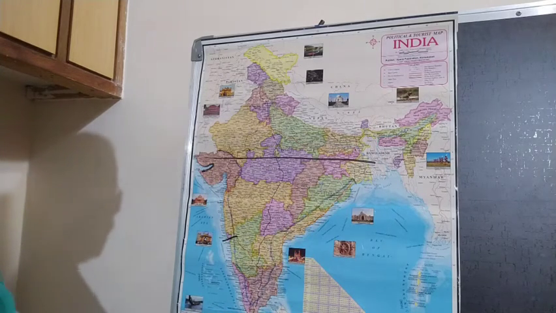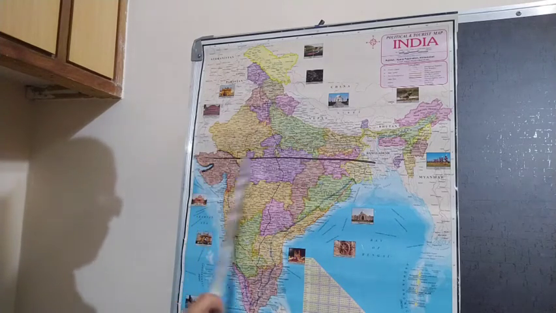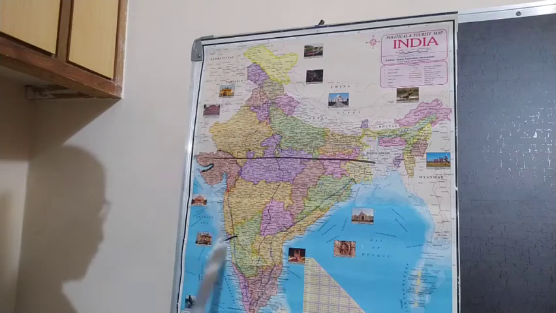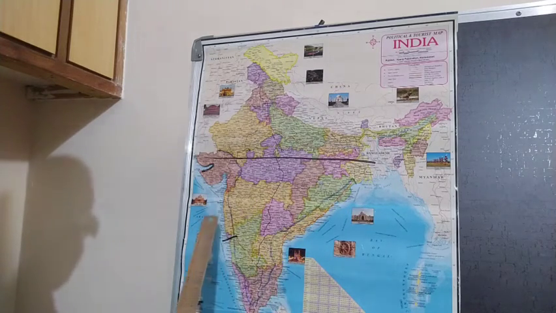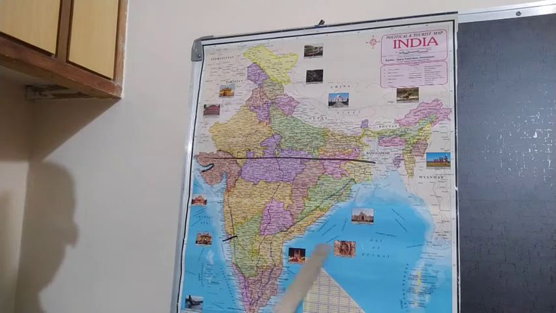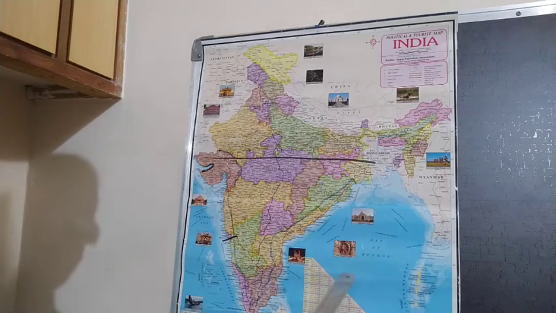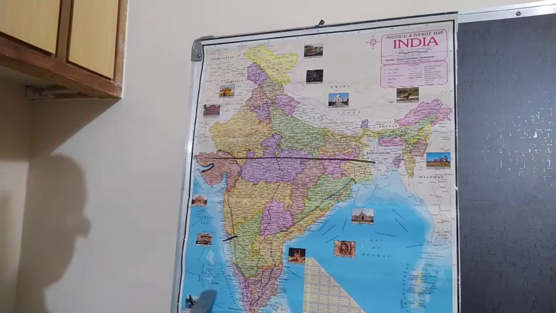Peninsula means the part of land which is covered by water from three sides. Now India's southern part is known as peninsula because it is covered by water from three sides. From the east, Bay of Bengal, in the south, Indian Ocean, and in the west, Arabian Sea.